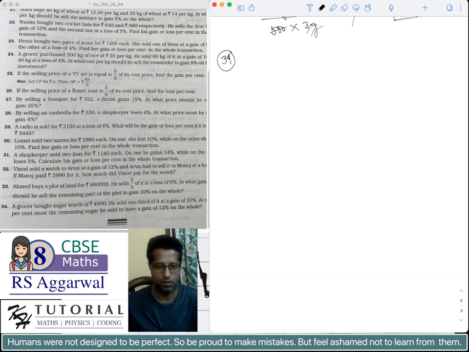A grocer bought sugar worth 4,500. So the cost price of the entire sugar is 4,500.